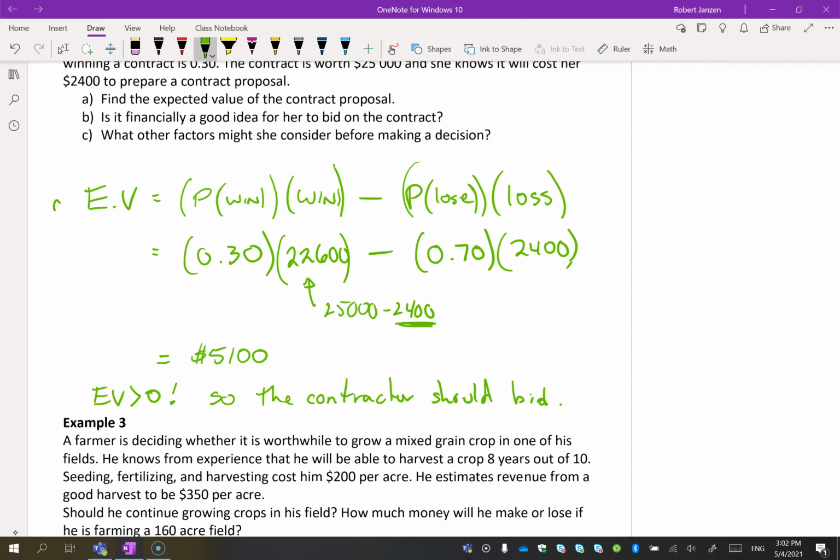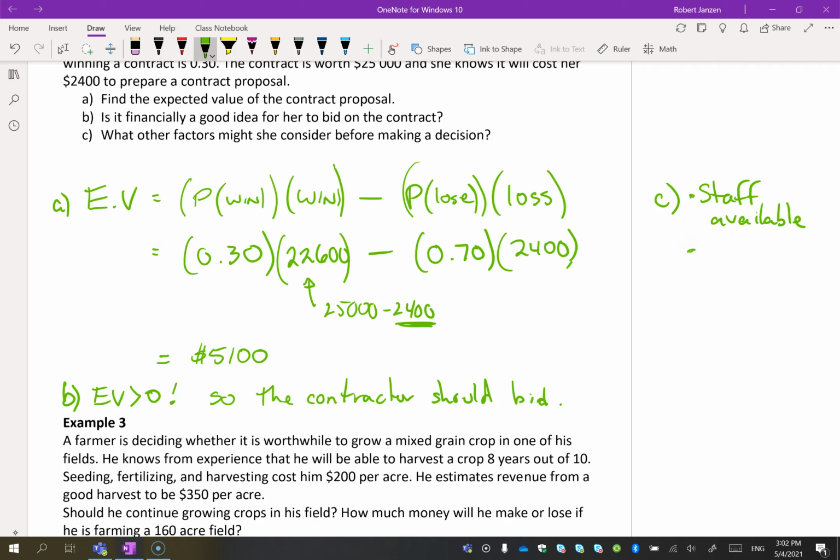So this is A. That's B. C, it says, what other factors might you consider in making this bid, or whether to do it or not? Well, you might consider how much staff you have available. You might decide not to bid on a contract if you have no staff available.